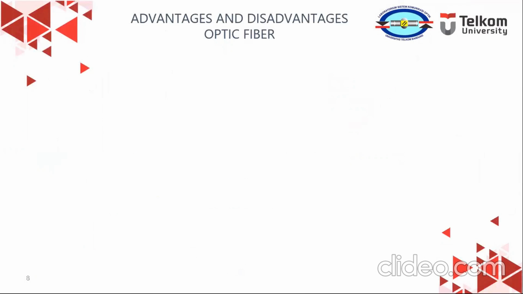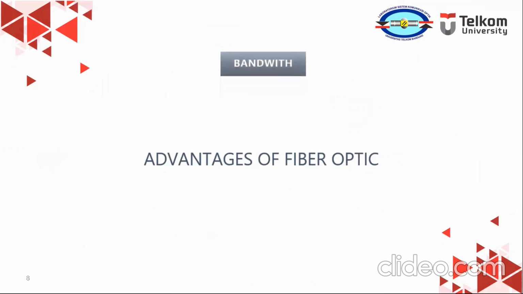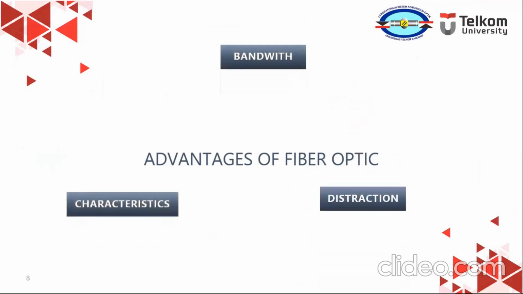Advantages and disadvantages of optical fiber. Advantages of fiber optic: bandwidth, characteristics, and interference. For bandwidth, it has a wide bandwidth and low attenuation, so the transfer speed of digital systems is higher than copper cables.